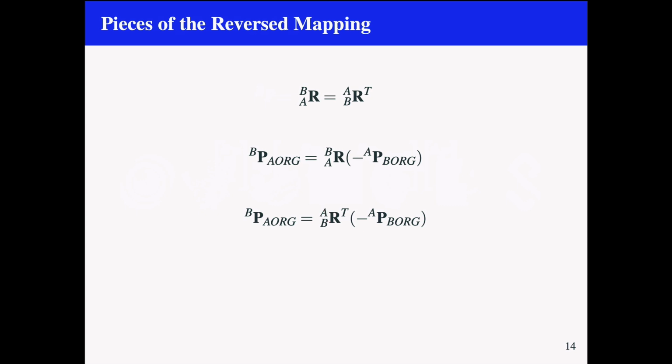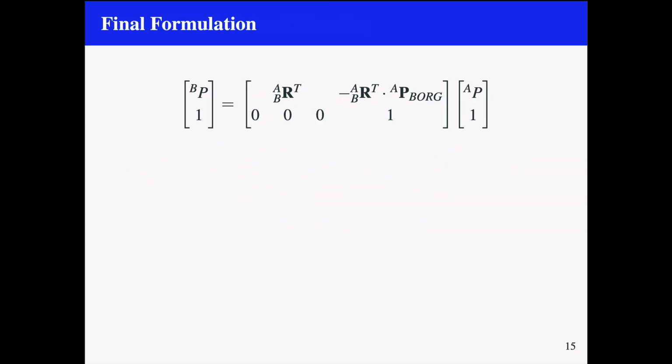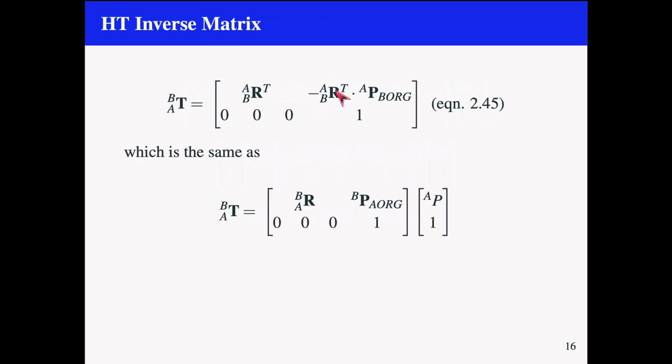Now I'm trying to find the inverse TBA. So the final formulation of that is to say that I need RAB transpose up here in my 3x3, and then a negative RAB transpose times PB org A. I think I say this in the next slide. So this is equation 2.45 in Craig's robotics book.